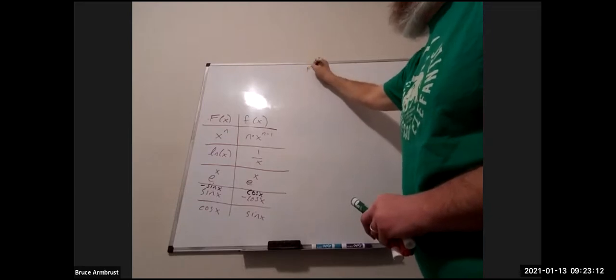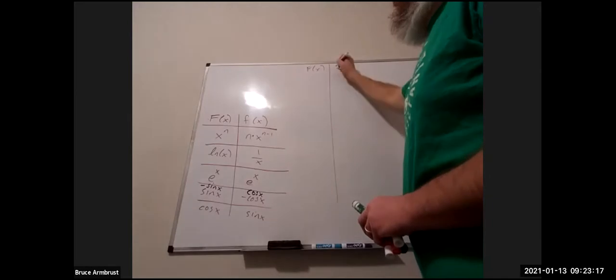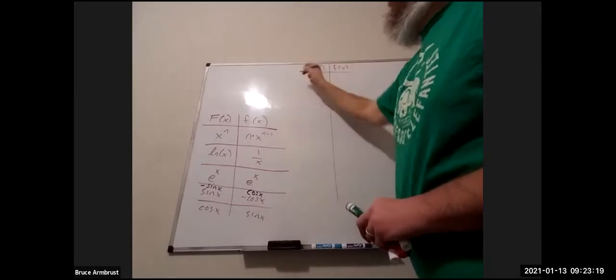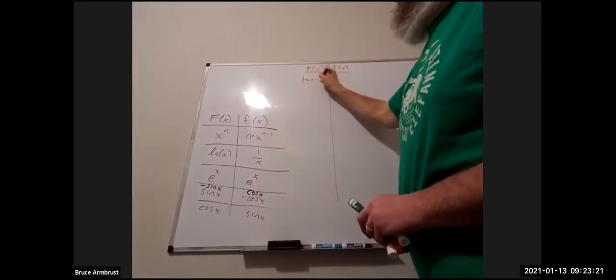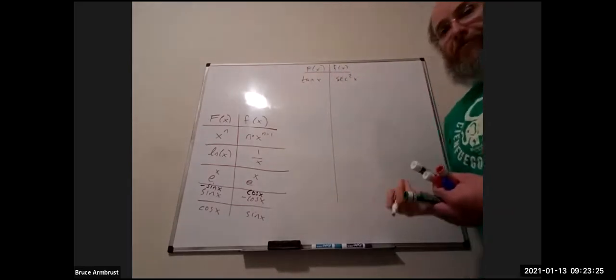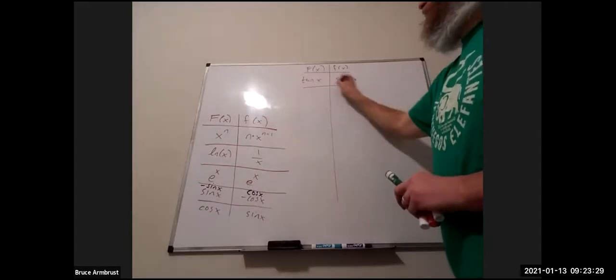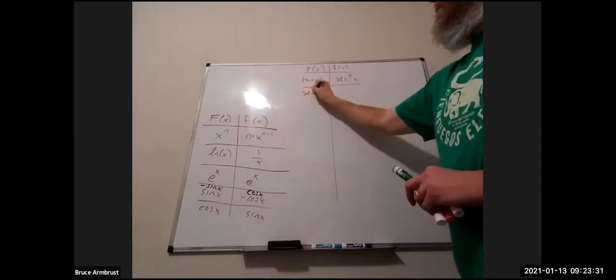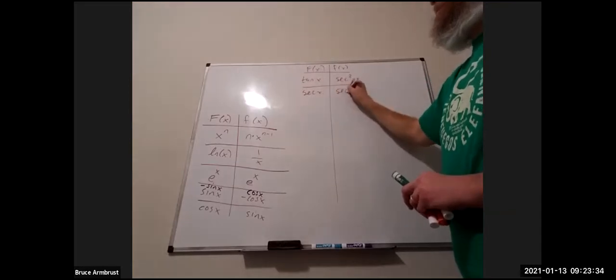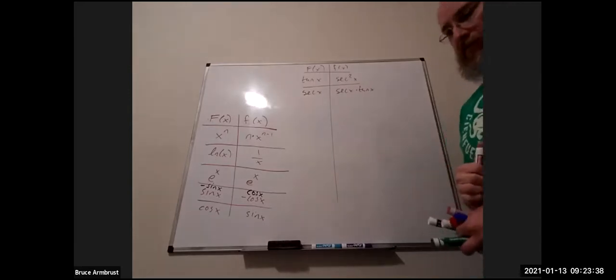So we'll continue our list here of big F and little f. So tangent, its derivative was secant squared. So if you're given a secant squared, you can integrate that and get tangent. And then secant was secant times tangent.